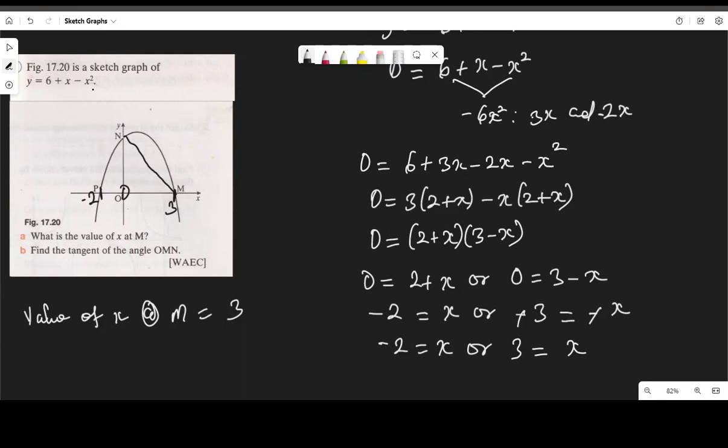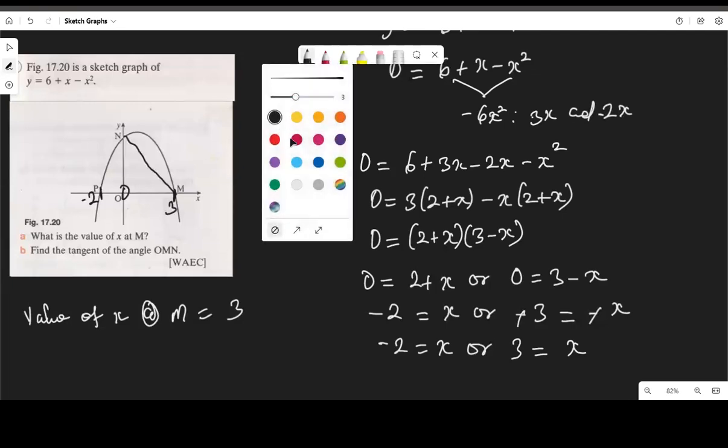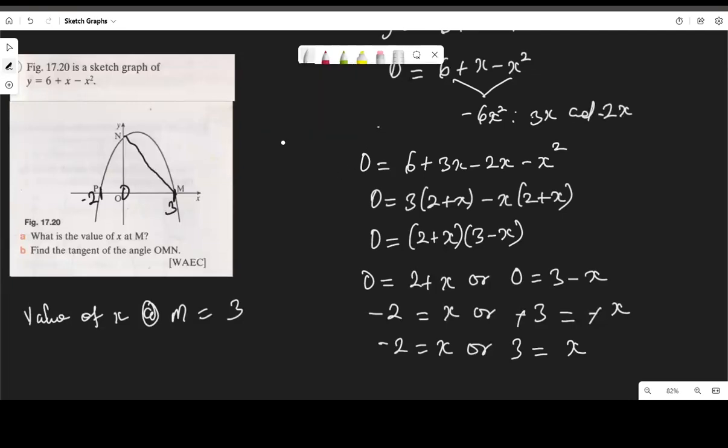So if I set x to be 0 here, the whole of this will be 0, so that y is equal to 6. Let me write it. So if y is equal to 6 plus x minus x squared, to find y, we put x to be 0. If x is 0, then that means y is equal to 6. So the length of this line here is 6.